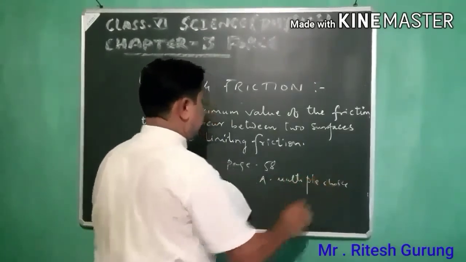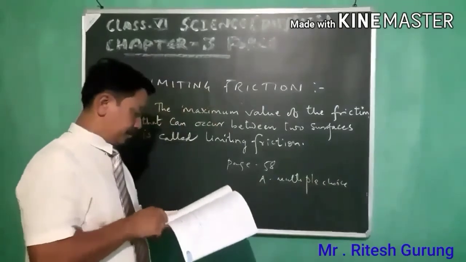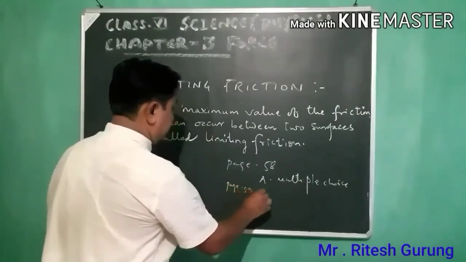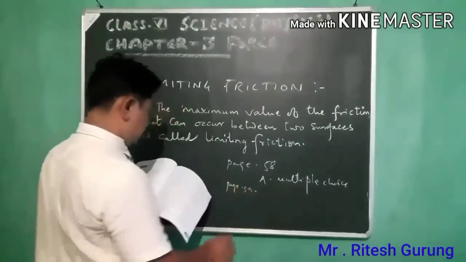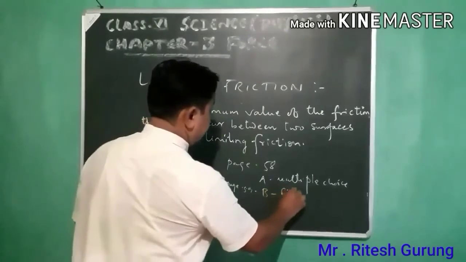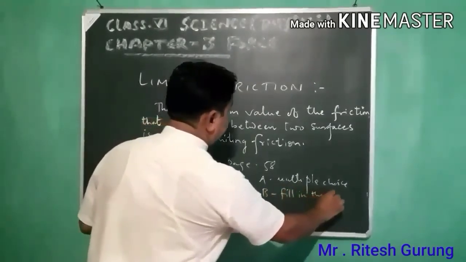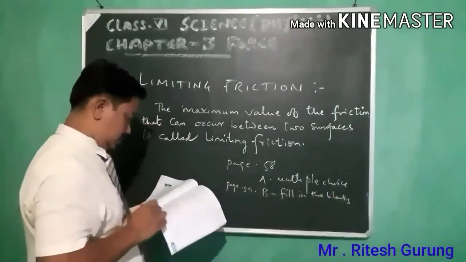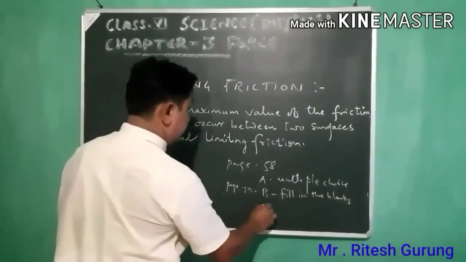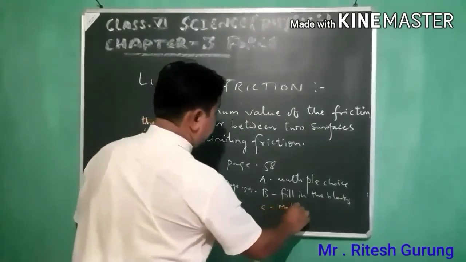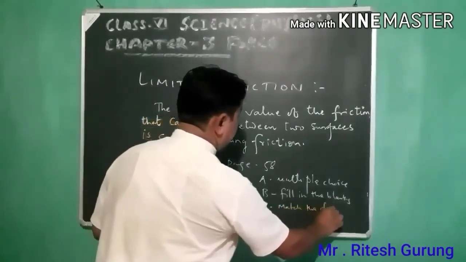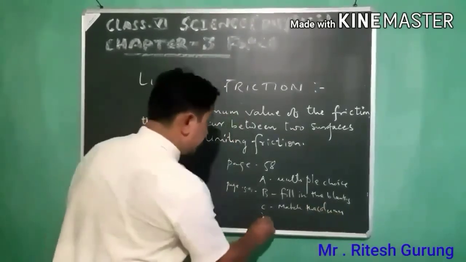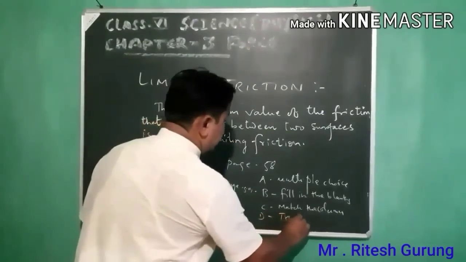Then on page 59 we have B, fill in the blanks. Then match the column. Then true or false.